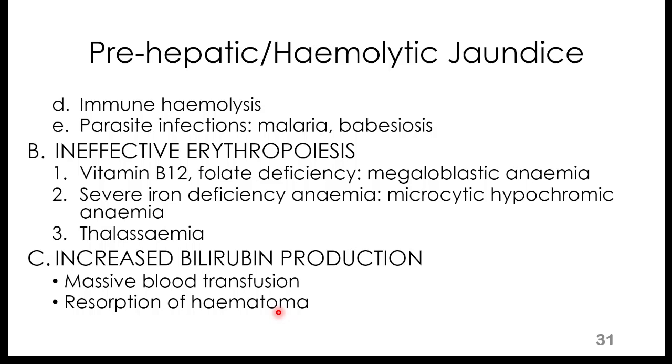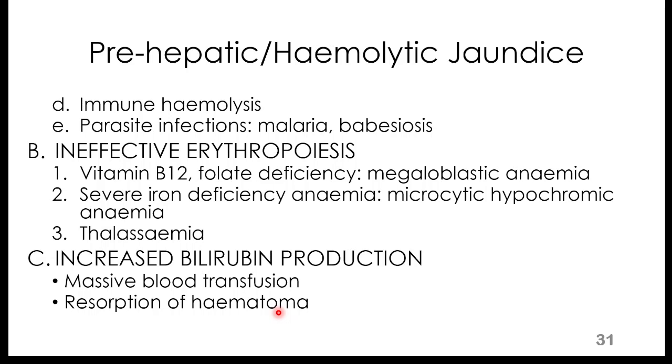Now, if that thing destroys red blood cells in excess of what the liver can handle, it will lead to prehepatic jaundice, which is an indirect jaundice. Indirect because the problem is before the liver, so the excess bilirubin produced will not have been conjugated.